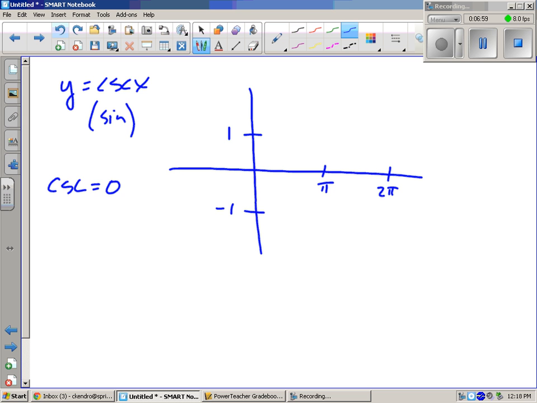So let's figure out where cosecant, CSC, equals 0. Where does that happen? Well, if it's sine on the bottom, that would happen at pi and 2 pi and so on. Now let's draw our sine wave in here. Normally it would look like that. Put in the dotted lines, see where it crosses?